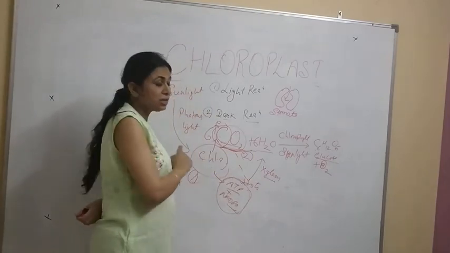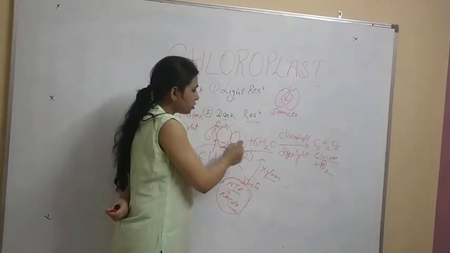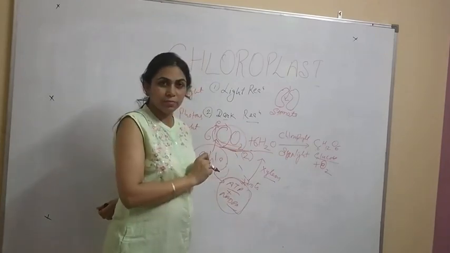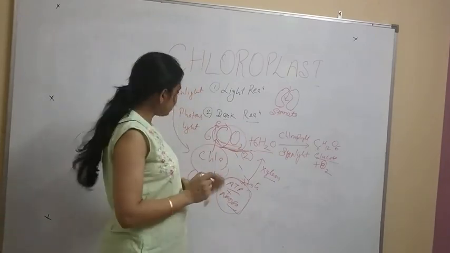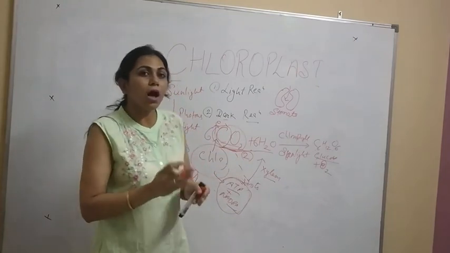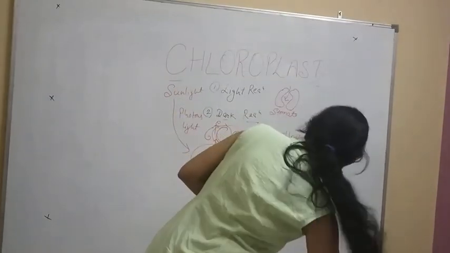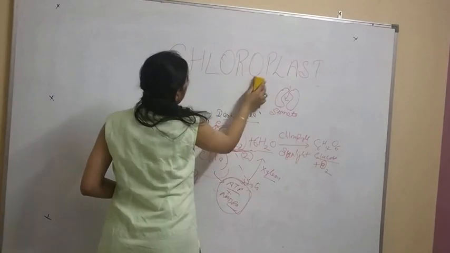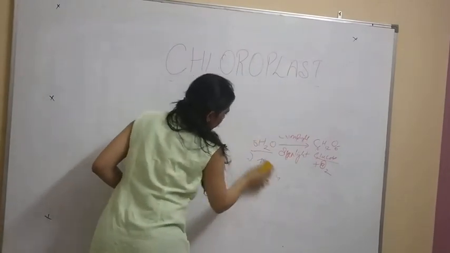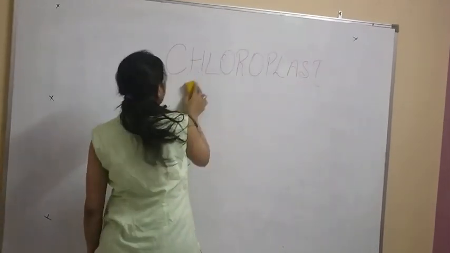So the first reaction takes place in the granular region, while the second reaction, the reduction of carbon dioxide, takes place in the stroma region. So this is the difference between the light reaction and the dark reaction, where they take place and how they happen. Now, photosynthesis also takes place in some bacteria, but they use bacteriochlorophyll, not chlorophyll.